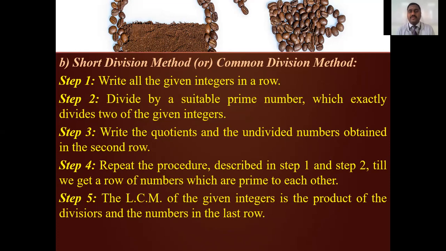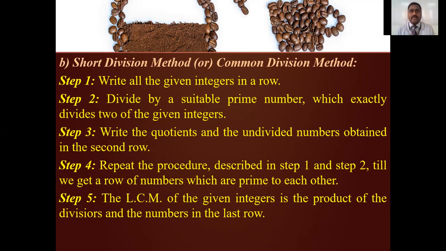In LCM, you put all the numbers together, for example 8, 10, 14, 24, and divide by the prime numbers 2, 3, 5 or 7. Then we multiply all the divisors and calculate the final LCM value. This is what we follow in finding the LCM by using the division method.